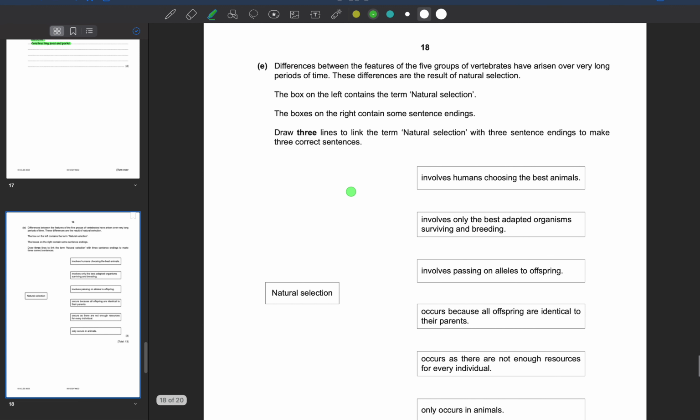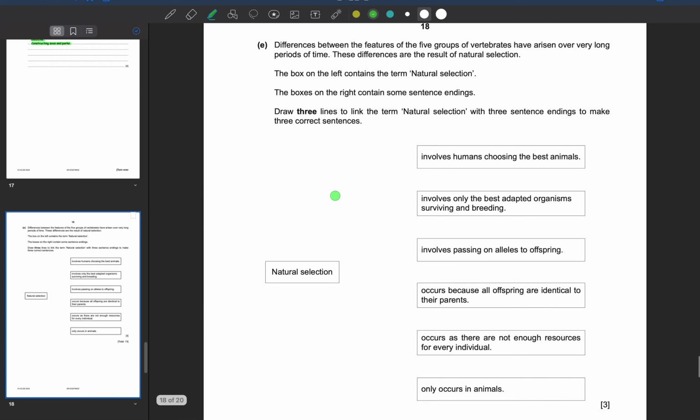The last one: the differences between the features of the 5 groups of vertebrates have arisen over very long periods of time. These differences are the result of natural selection. The box on the left contains the term natural selection, and the boxes on the right contain some sentence endings. Draw 3 lines to link the term natural selection with 3 sentence endings to make 3 correct sentences.